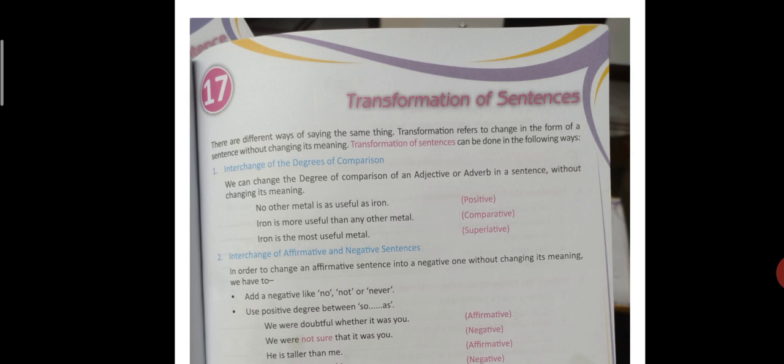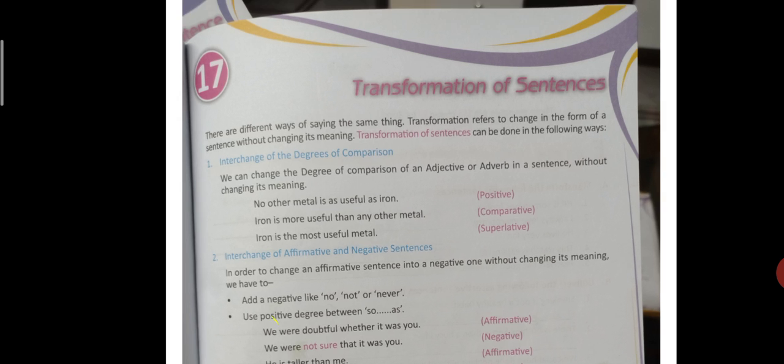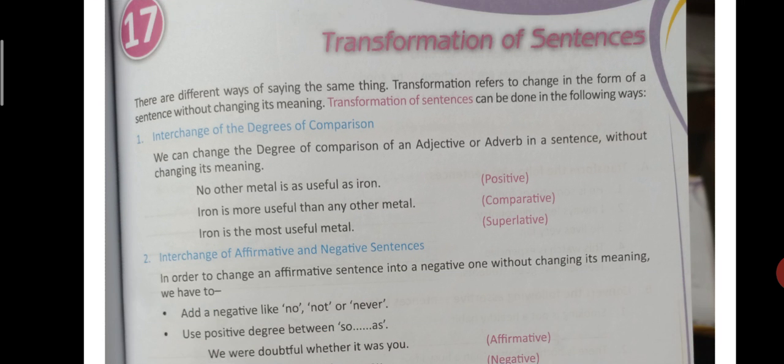So either you have to add negative words like no, not, or never, or you have to use a positive degree between so and as. Here we will see the examples.